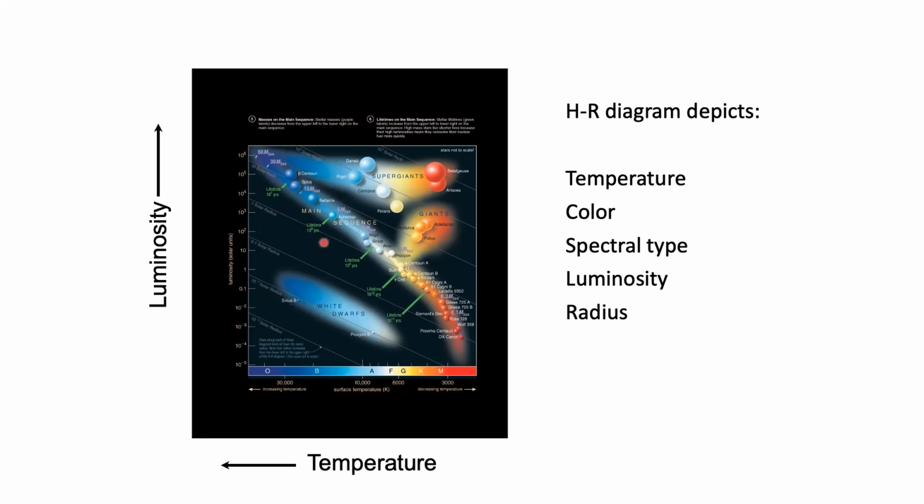But if we go down, every one of these subsequent diagonal lines is 10 times smaller in terms of radius, which means that we're going to see a significant change in the volume or the overall size of these stars. And as we climb this diagonal ladder, the radius is increasing by 10 times.